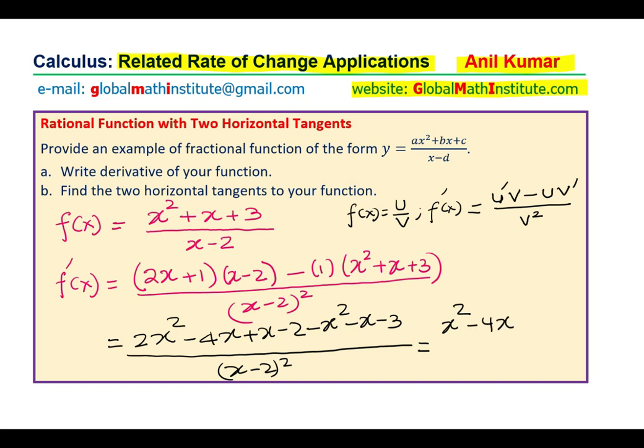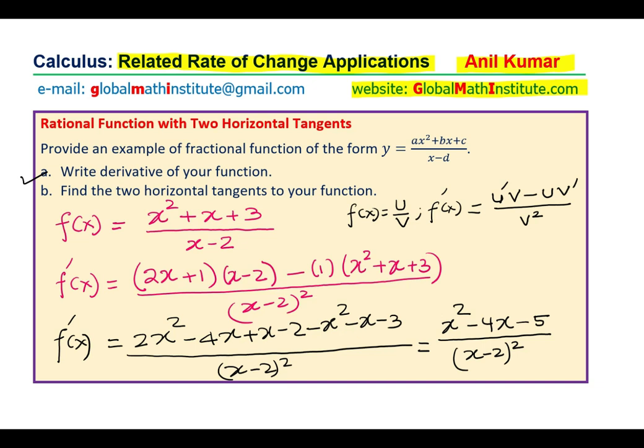Minus 2 minus 3 is minus 5 over x minus 2 whole square, right? So that becomes the derivative.